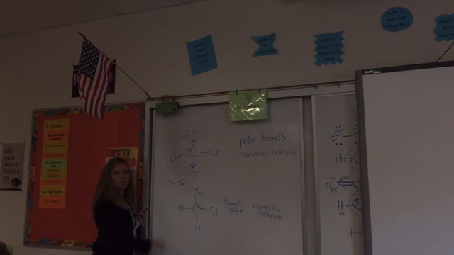Is any one of these pulling on it significantly better? Is one of these a much better tug of war player than the other? Not much better. No. So therefore, is there a strongly negative region to this molecule? No. Therefore it's nonpolar.